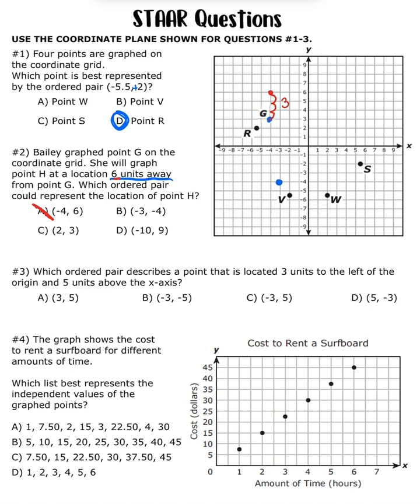Okay, so now starting at G, I'm going to count all the way down. 1, 2, 3, 4, 5, 6, 7. That one's not even on the same row, so that's obviously not my answer. If we are units away, we have to go up, down, left, right.